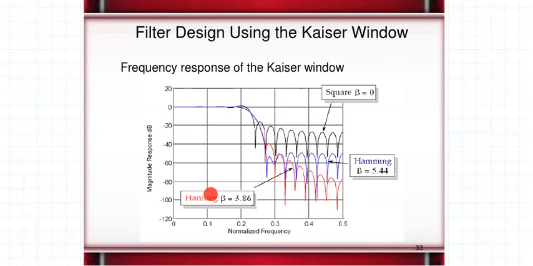It means that you can obtain any window from the Kaiser window. You can design any window using the Kaiser window. You can obtain any intermediate characteristics also by adjusting your beta value.